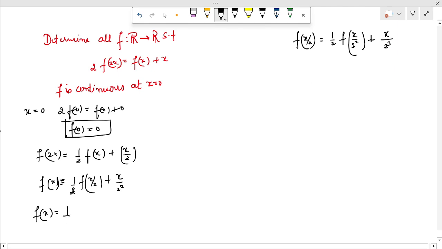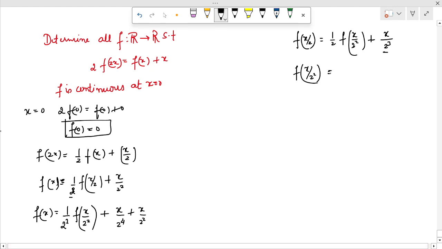This will be 1 upon 2 square f of x upon 2 square plus x upon 2 raised to power 4, because this 1 upon 2 will follow this, and then x upon 2 square. What will be f of x upon 2 square?